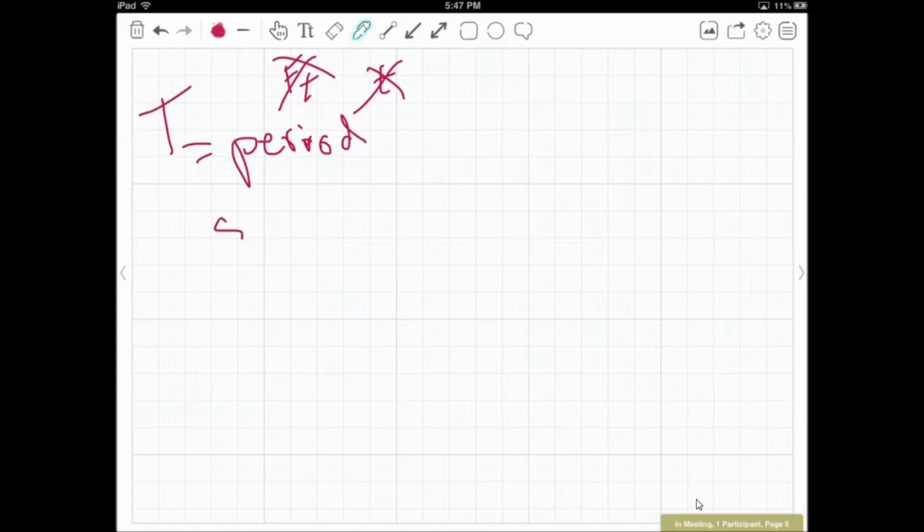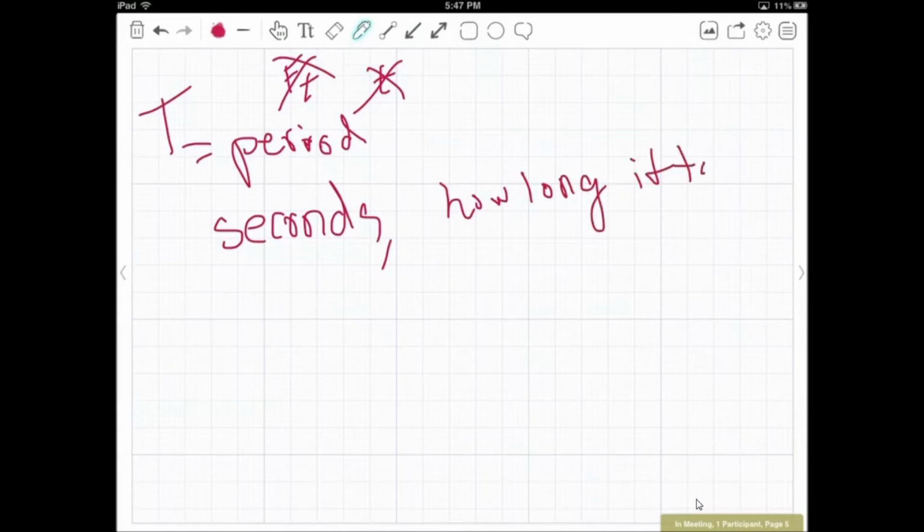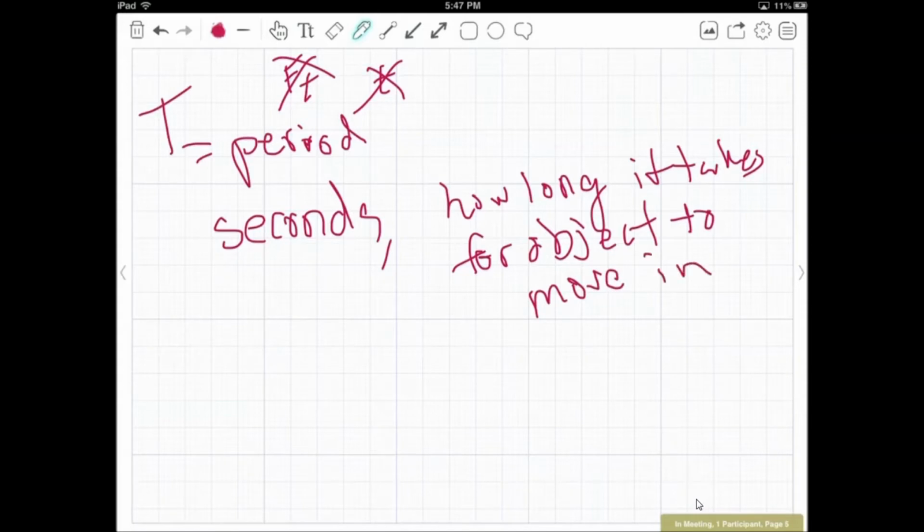It's measured in seconds, and this is basically how long it takes for the object to complete its motion. How long it takes for the object to move in one rotation, once around the circle.